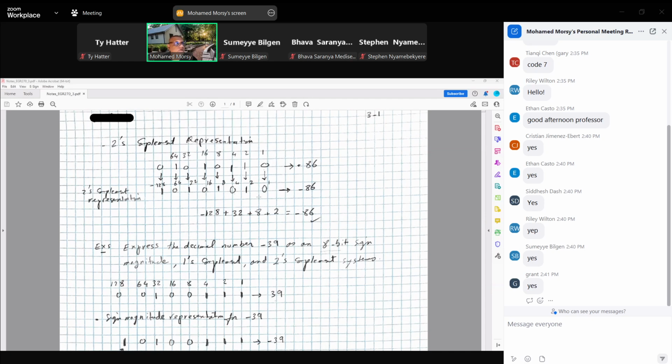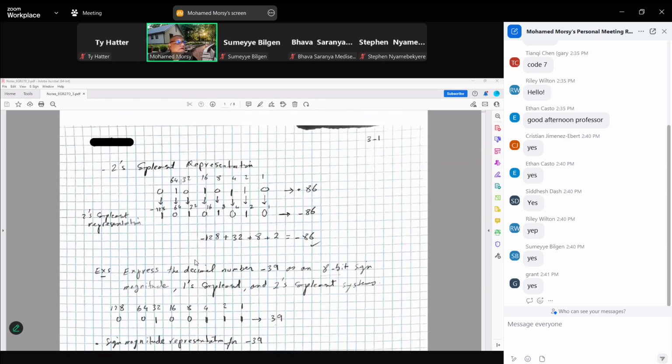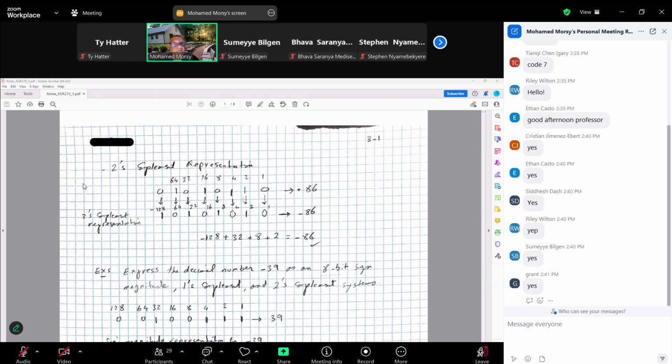Okay, again, good afternoon, everyone. I hope everyone is fine. So, last time we spoke about numbering system conversion. So we saw how we convert from decimal to binary. We mentioned decimal number has 10 symbols, from 0 to 9, 0, 1, 2, 3, up to 9.